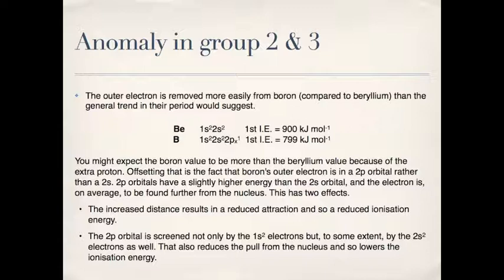For example, beryllium in group 2 has a lower ionization energy than boron next to it in group 3. Now that's because boron actually has its 3 electrons that are found in its second shell spread amongst 2 subshells, and so that 3rd electron is slightly further out in its own orbital, the 2p orbital. And because it's further out slightly, it is easier to remove from the atom.